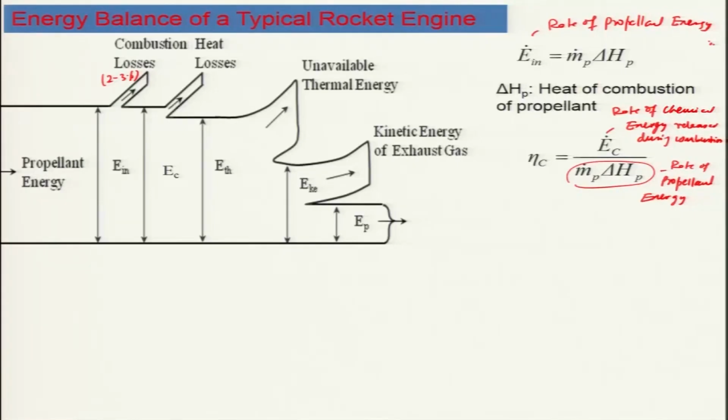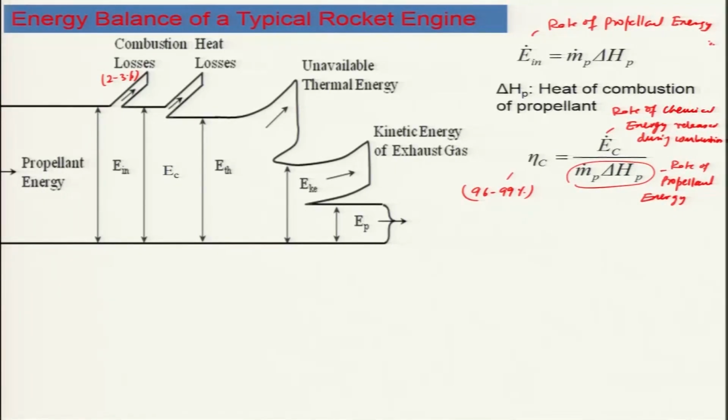This combustion efficiency may be something around 96 to 99% in a typical rocket engine, but if it is good, you can get even around 99%.